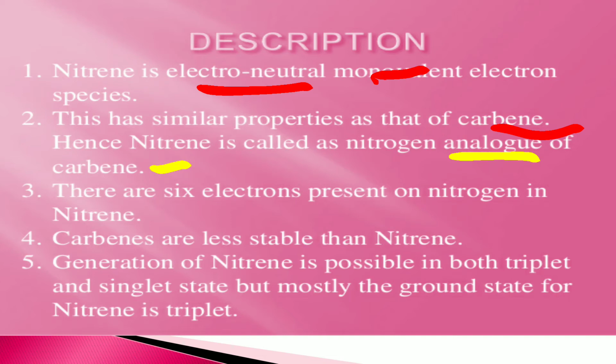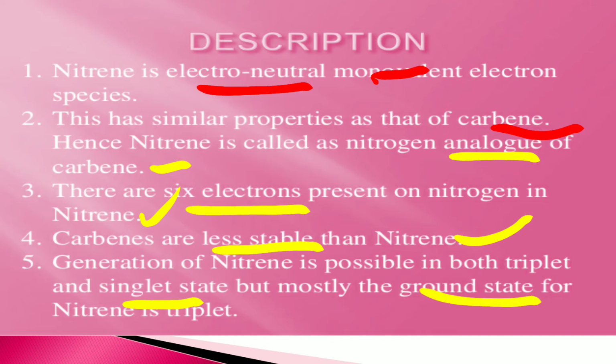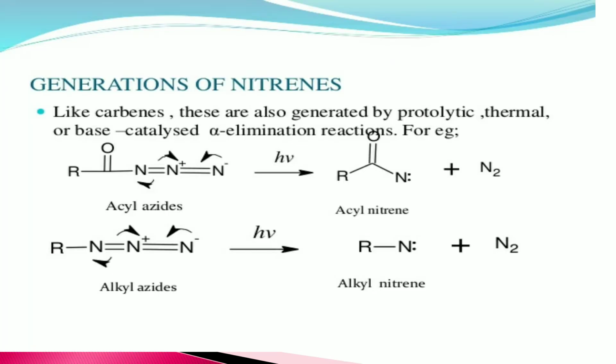There are 6 electrons present in the nitrogen of a nitrene. Carbenes are less stable than nitrenes. The generation of nitrene is possible in both triplet and singlet states, but the ground state for the nitrene is always triplet.